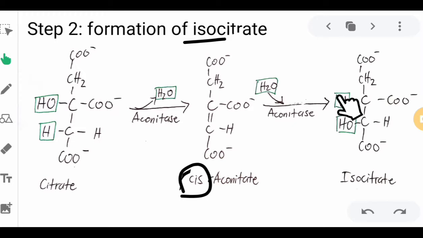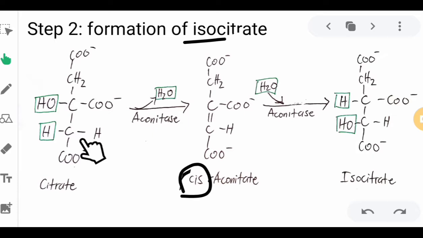But with the water used again, with the help of the enzyme aconitase, it will reassemble that, in which the hydrogen is now placed at the third carbon and the hydroxyl group is placed at the fourth carbon. So that is what we mean by isomerization. Same chemical formula, but a different arrangement.